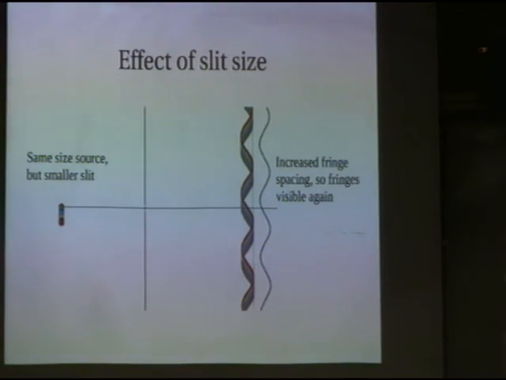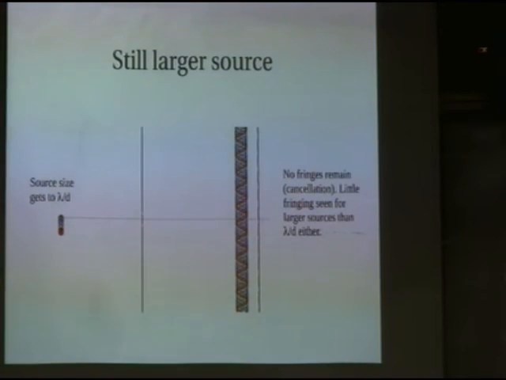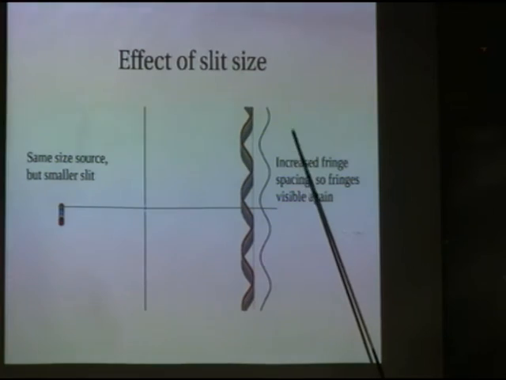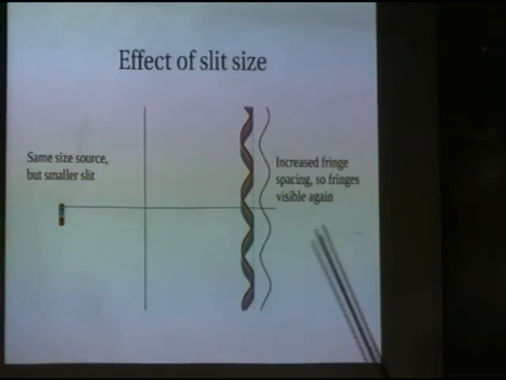In this case, we had a source of size lambda over d, and we see that on the other side we get nothing. What happens if we keep the same source size, but now we move these two slits a bit closer? Now we will be able to detect, again, larger sources. So the same source that in the previous case was not detected on the other side, now we still see something, right?